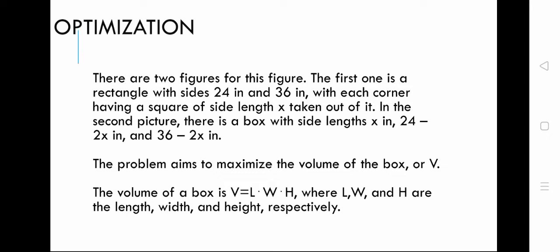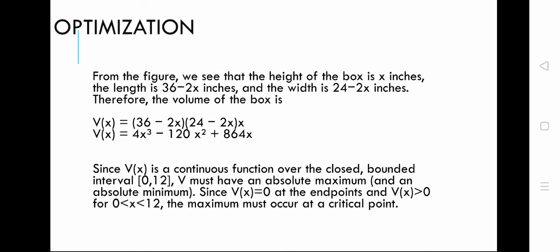So it is known that the volume of the box V is equal to length multiplied by the width multiplied by the height, where L, W, and H are the length, width, and height respectively. From this figure, we can see that the height of the box is x inches kasi yung tinapyas natin sa 2D. The length is 36 minus 2x inches and the width is 24 minus 2x inches.